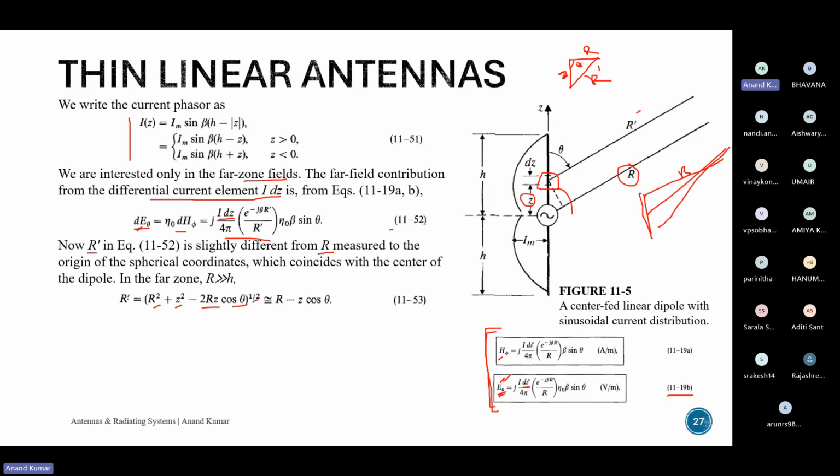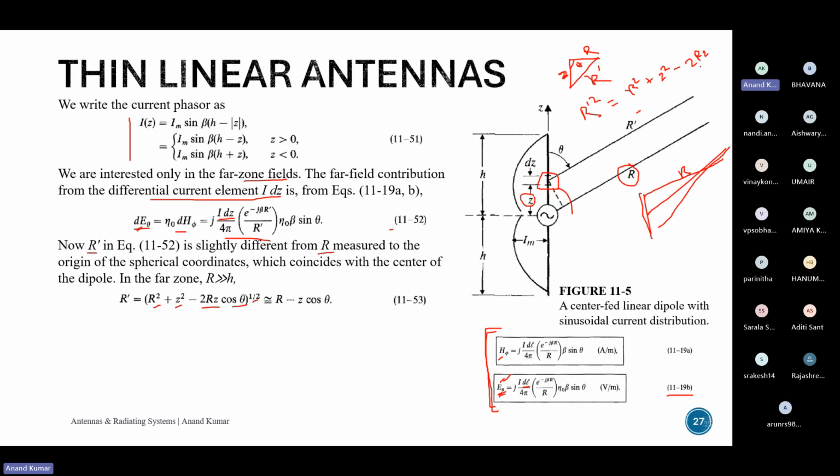So it is R' squared equals R squared plus z squared minus 2Rz cos theta.